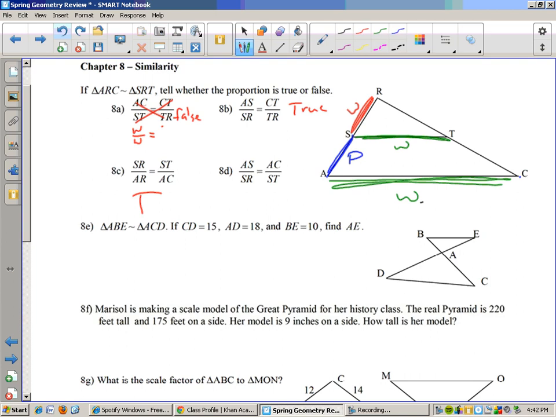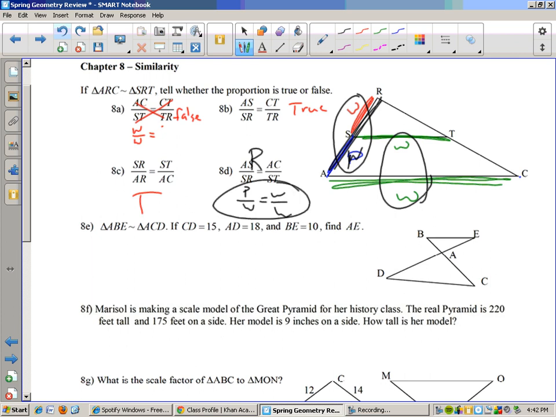Look, whole and whole, a whole and part. Okay, that's probably not going to work. I think what we would have needed was for this to be AR, so that I could have gotten the whole length here, and that would have been good. But that's not going to work. We're going to end up having part is to whole as whole is to whole. This is definitely not lining up and looking right, so this is false.